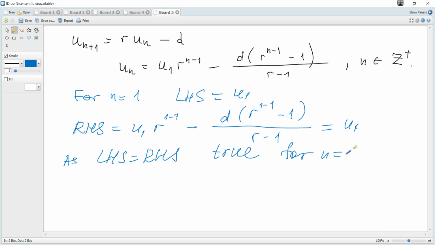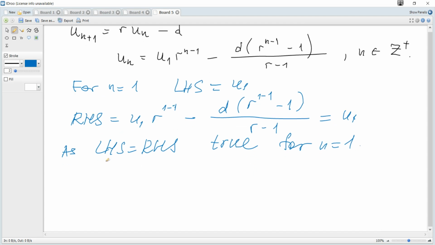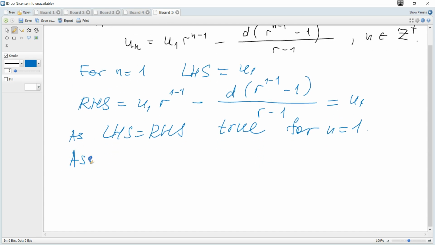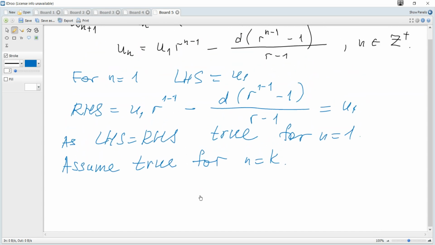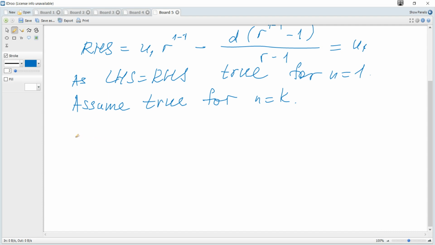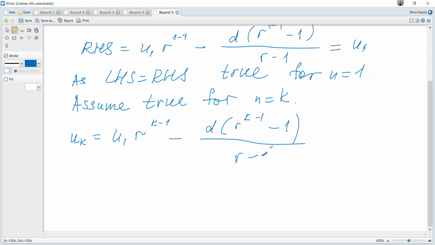for n is 1. Then, as usual, assume true for n is k, and we just rewrite this substituting k for n. So uk is u1 times r^(k-1) minus d times r^(k-1) minus 1 over r minus 1.